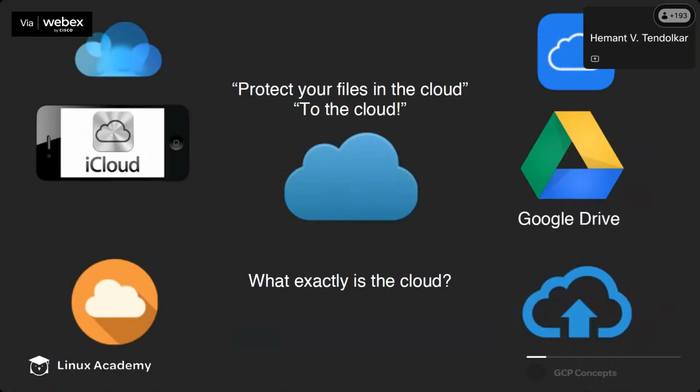The best example I give, even though the slide talks more about iCloud and Google Drive, is that one of the simplest applications of Google Cloud, or any cloud for that matter, would be Gmail or Yahoo Mail or any of these mail services.